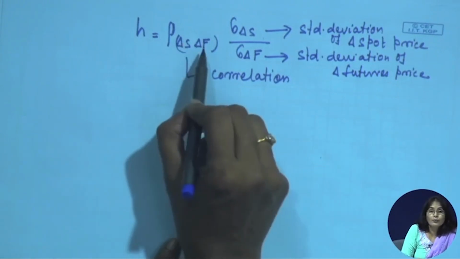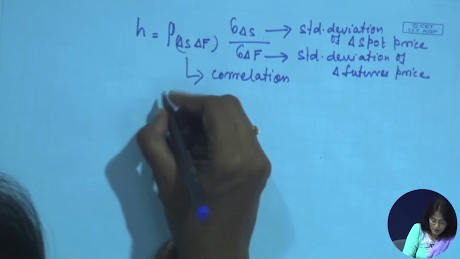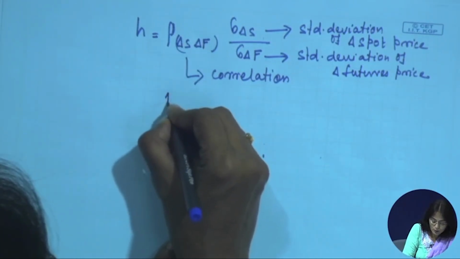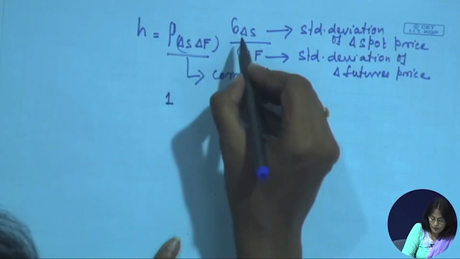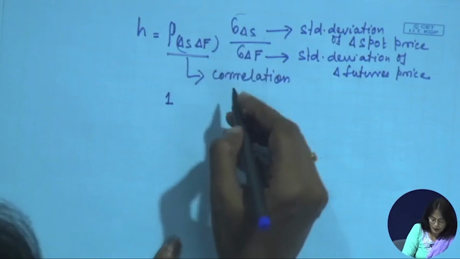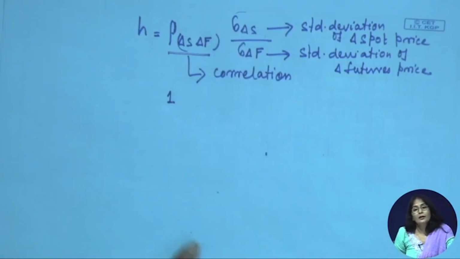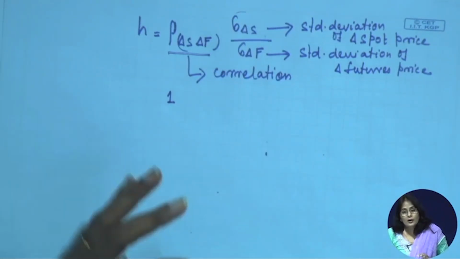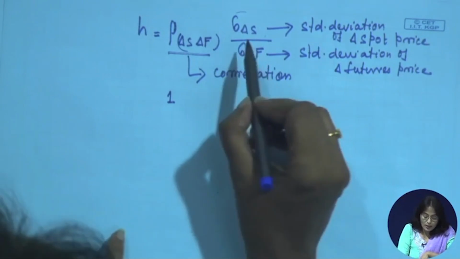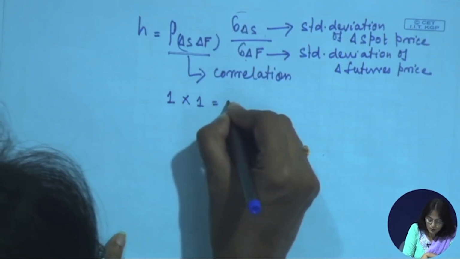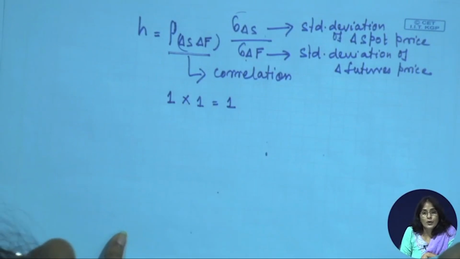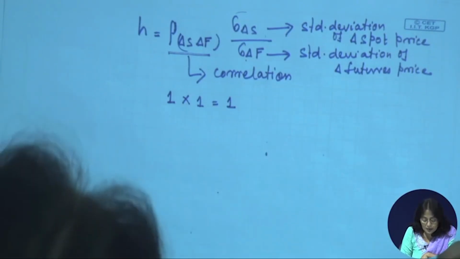Let's say the correlation between spot price and futures price can be maximum, it can go to 1. So this factor can be 1, and if both standard deviations are the same, then you can have this ratio as 1. So 1:1 will be 1. Now the next question is when it can be greater than 1.